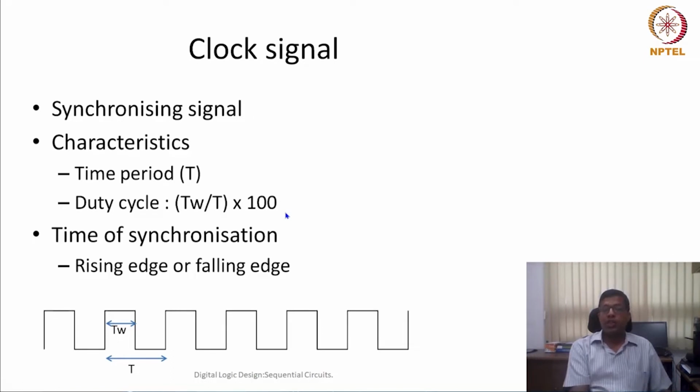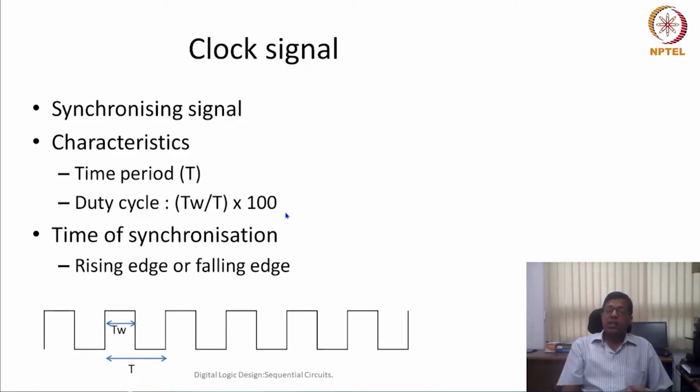Ideally duty cycle could be 50%, that means 50% it is high, 50% it is low. But in different kinds of circuits it could be anything: 10%, 80%, or 90%. 50% gives some ideal characteristics and also some advantage which we may talk about later in the course. So these are the two important characteristics.